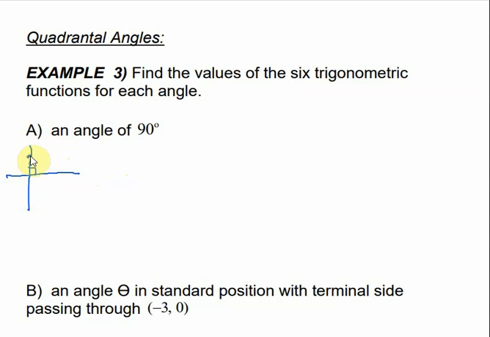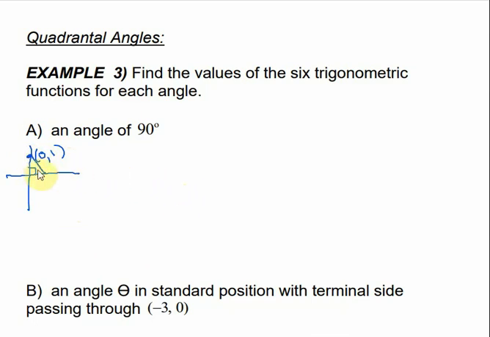And they're not telling us where it is, so we can choose any value to be our point P. So just to make it easy, let's just say that this is 1 unit up. So if that's the case, then my x value would be 0 and my y value would be 1. All right, so that's for this triangle right here.